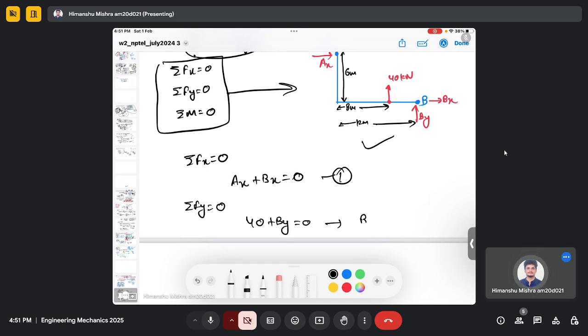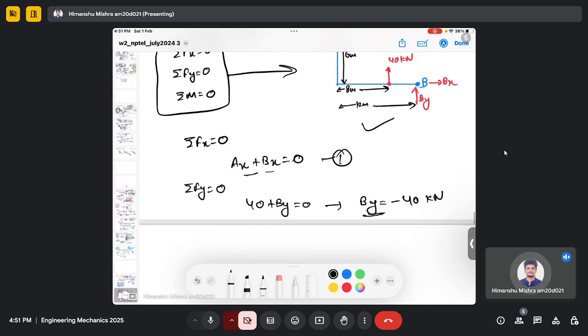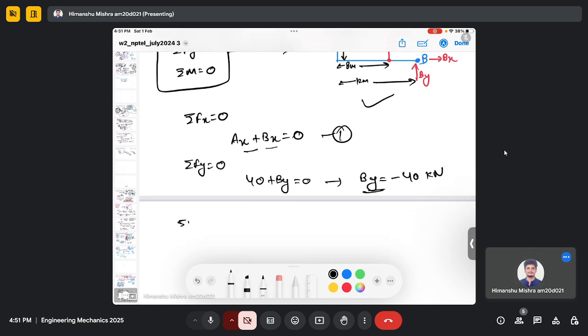It will give you By equals minus 40 kilonewton. So you have already got By, but you don't know Ax and Bx. So you have to use the third equation, which is the summation of moments equals 0.